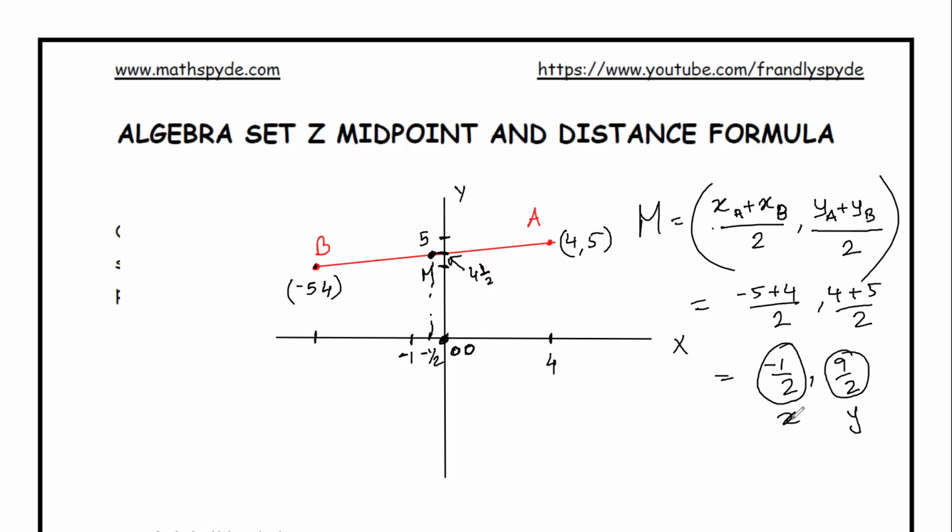So now the question arises: what is the distance between the 2 points A and B on the line segment AB? The distance formula, by the way, represents the Pythagoras theorem. For example, I've drawn the red line segment, which is slightly tilted.